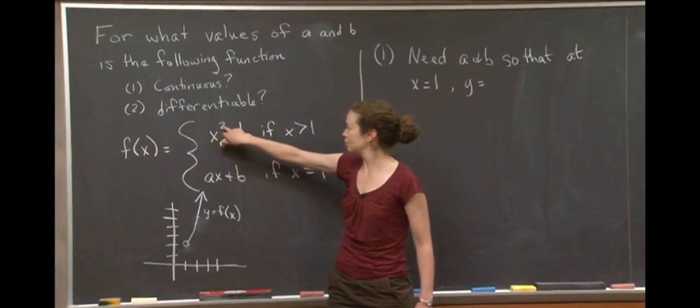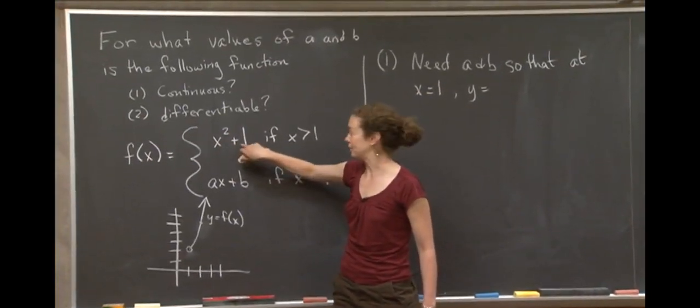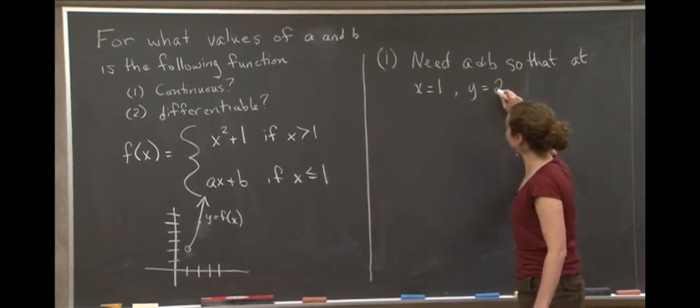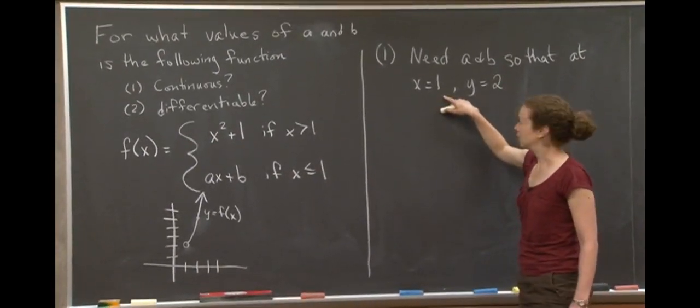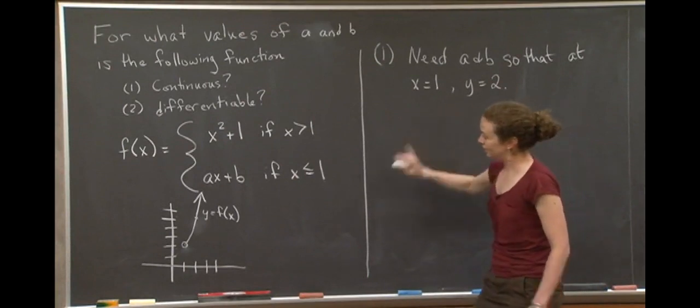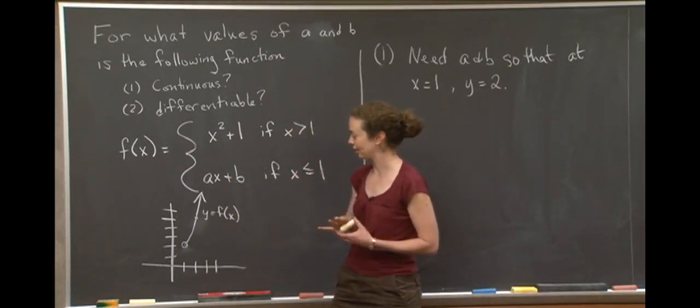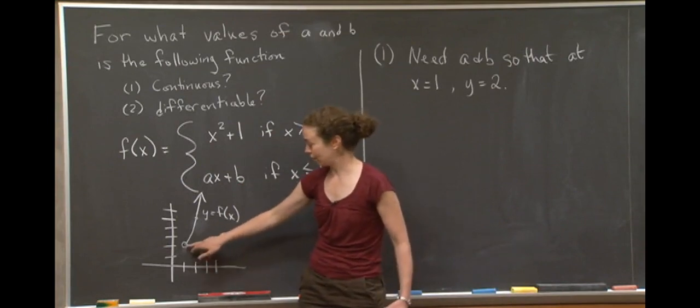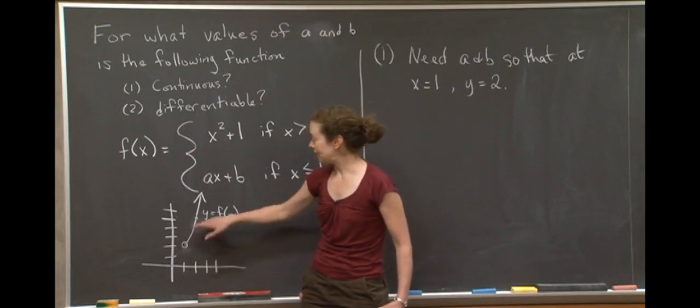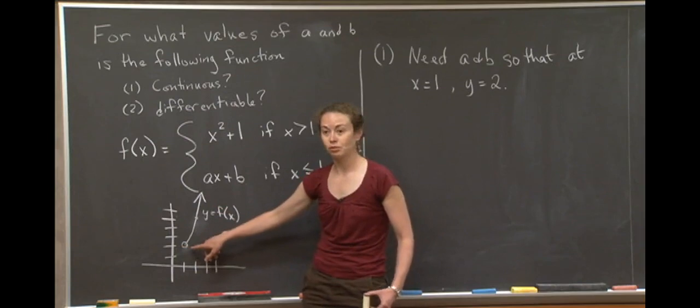I get 1 squared plus 1. So I get 2. So I need y to equal 2 when x is equal to 1. Okay? So in other words, before I go on, this point is 1, 2.